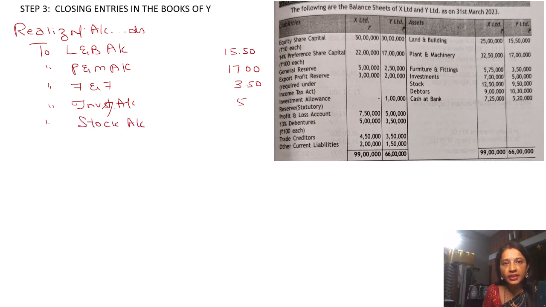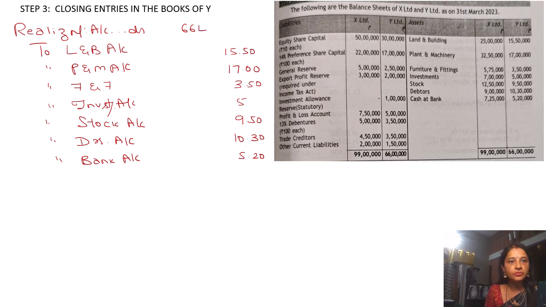Amount is 9,50,000. Then debtors account. Amount is 10,30,000. Then to bank account. Amount is 5,20,000. If you total all these things, realization account debit 66 lakhs. So all assets transferred.